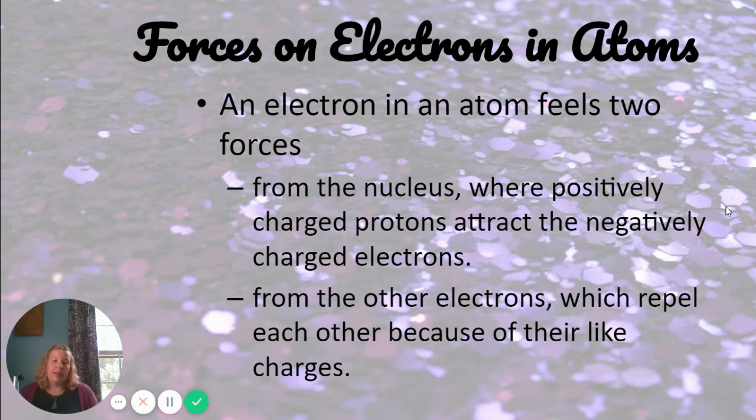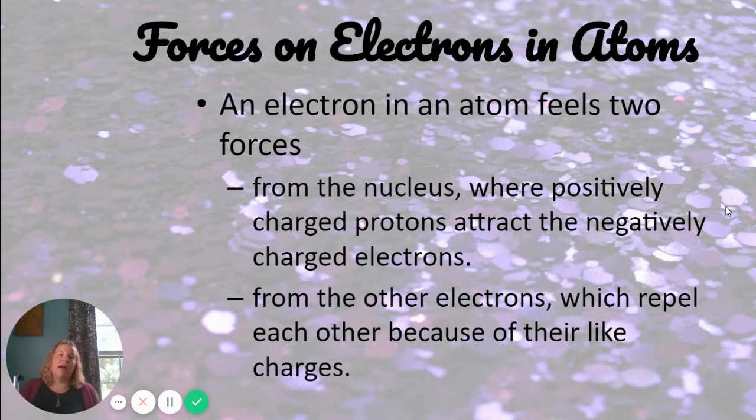If you are an electron hanging out in the outside part of your atom, in that electron cloud, you are feeling an attractive force, or a pull, from the nucleus, because a nucleus is positive and an electron is negative. Those two things are attracted to each other.